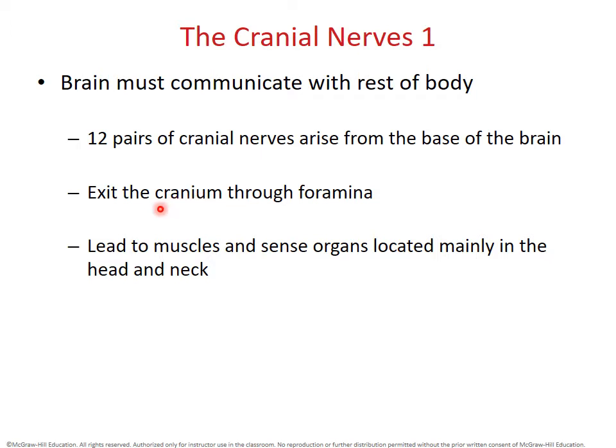through. The cranial nerves generally lead to muscles or glands in the head and neck region, or if they have sensory function, they lead from sensory organs, again located mainly in the head and neck region. There is one notable exception to this. Well, there's a couple of exceptions.